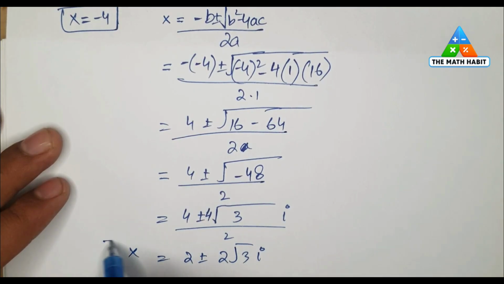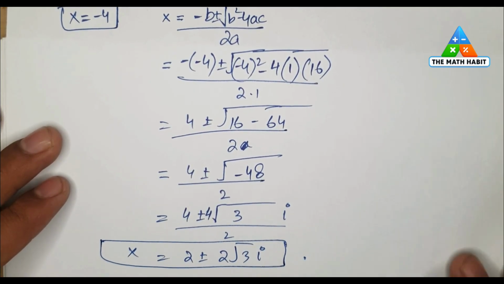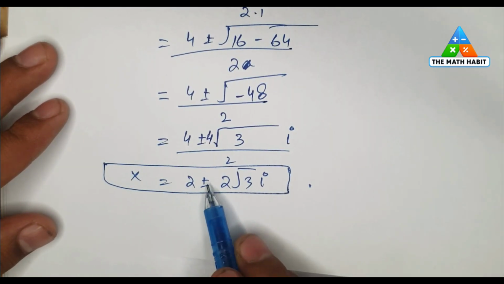This is the other value of x here, in which we have two values with plus and minus.